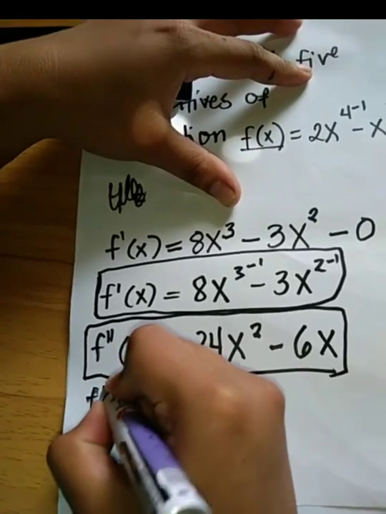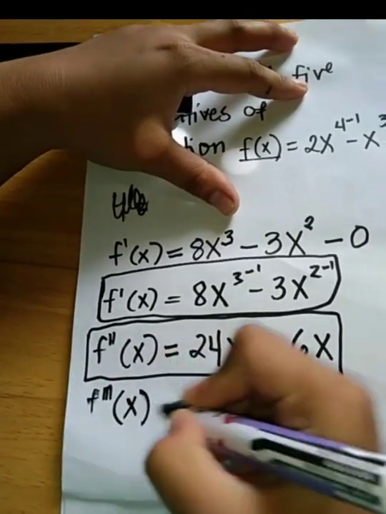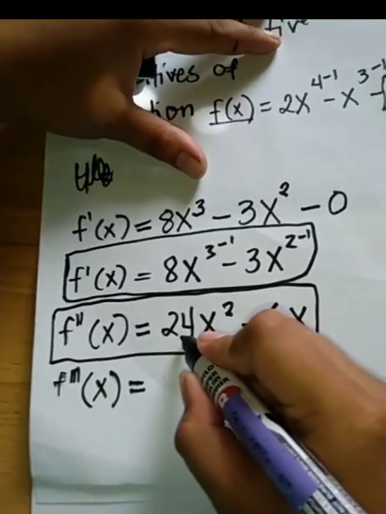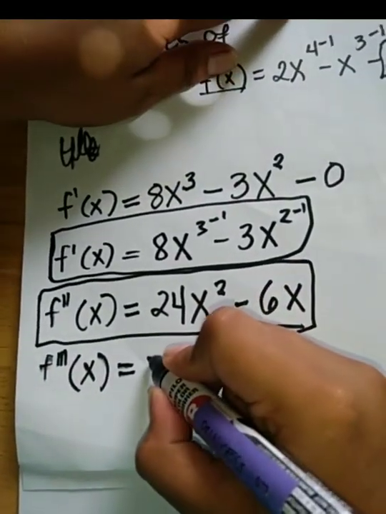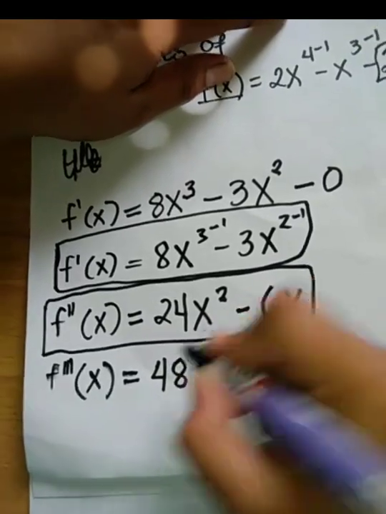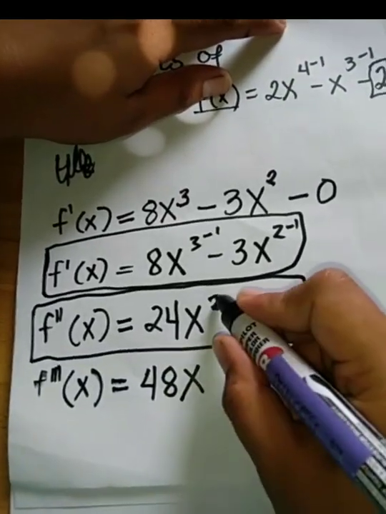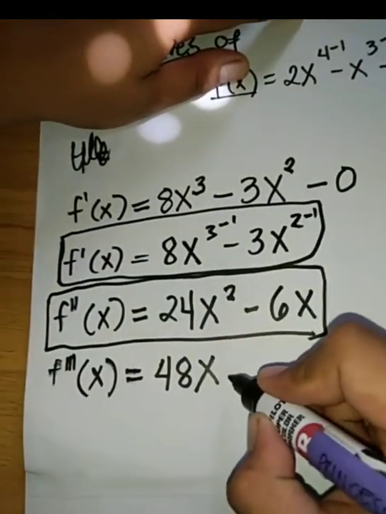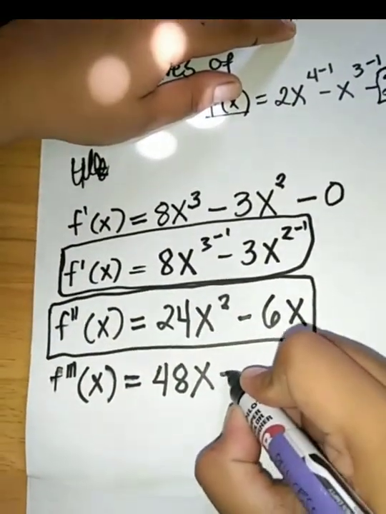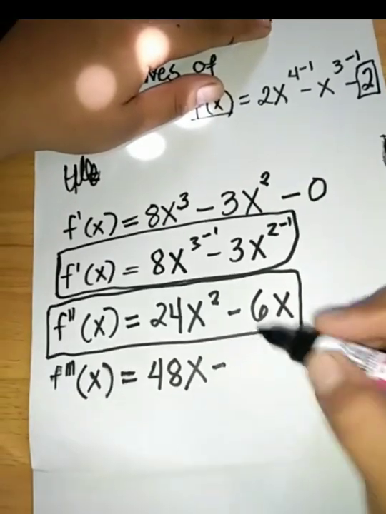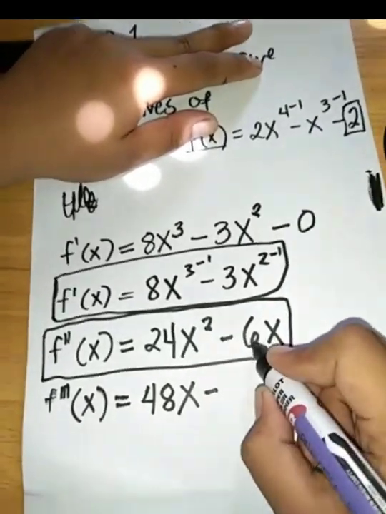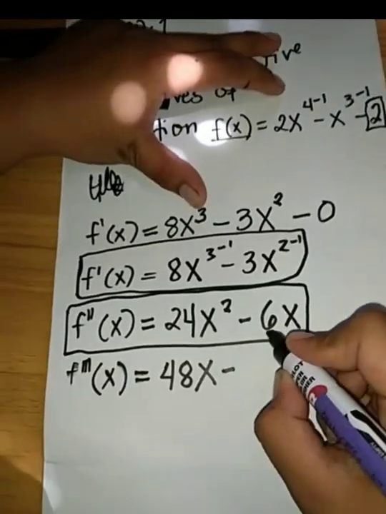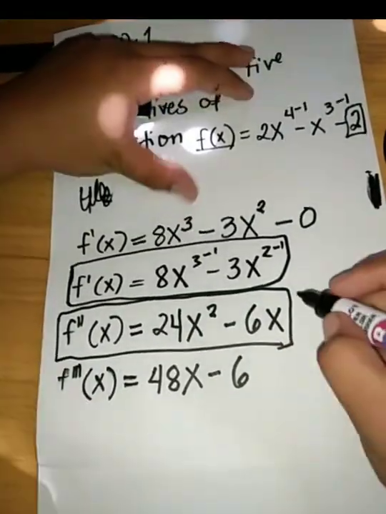f triple prime of x is equal to 24 times 2, which is 48x. 2 minus 1 is 1, and it's already given, so I'm not going to apply it here. Minus 6x is going to be 6.